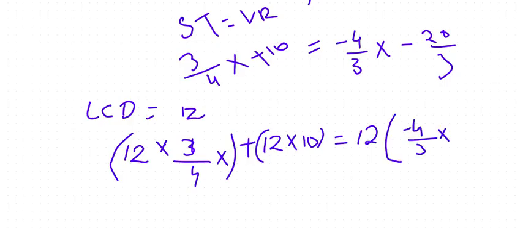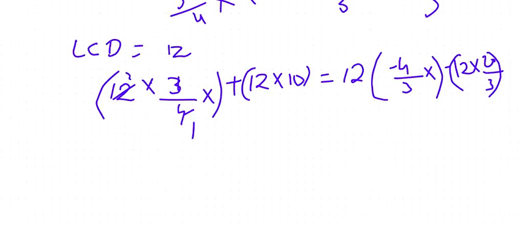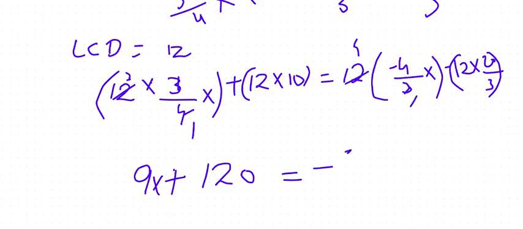Simplifying, we get 9x plus 120 equals minus 16x minus 80. This is the equation after simplification.